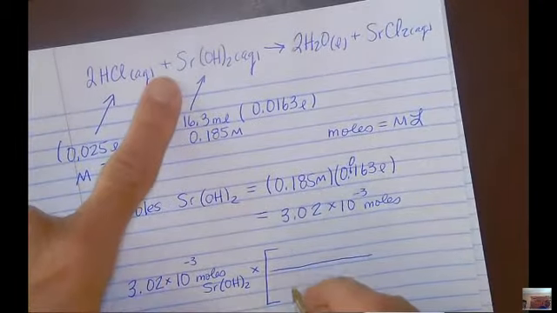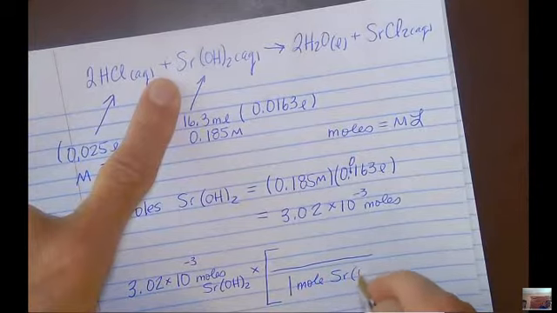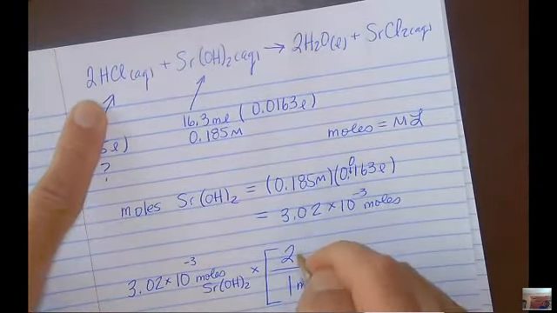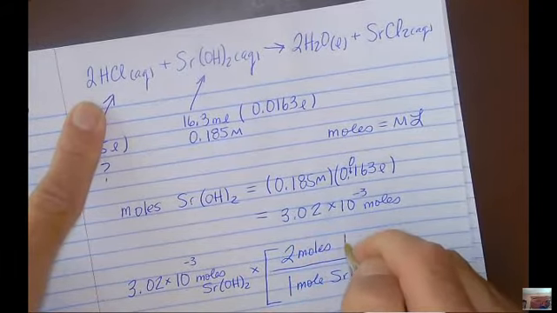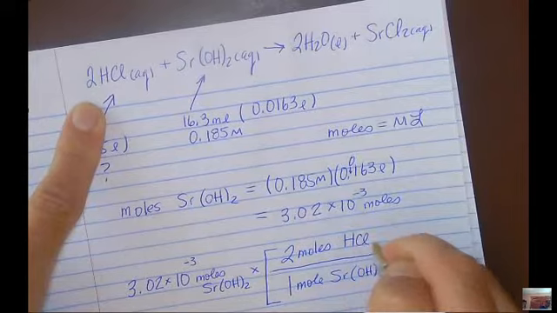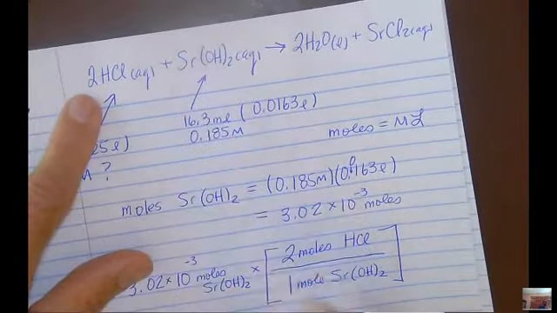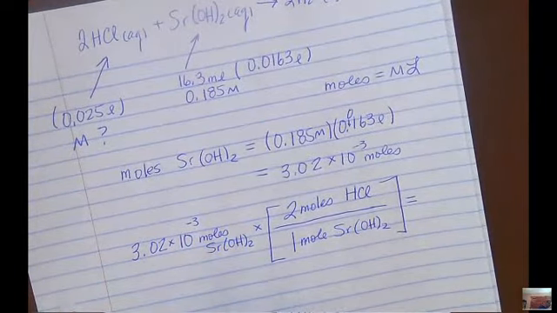For every 1 mole of Sr(OH)2, there must have been 2 moles of HCl to reach the equivalence point, right? It's a 1 to 2 relationship. This will give me the number of moles of HCl.